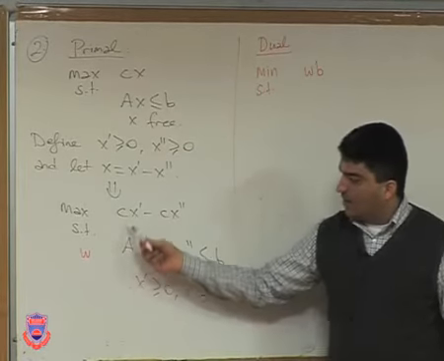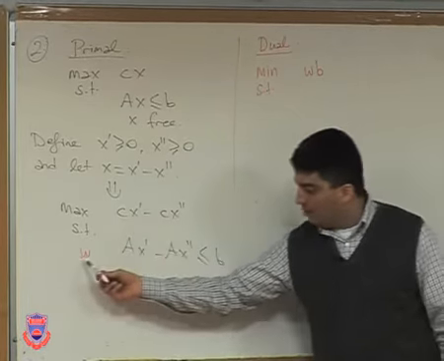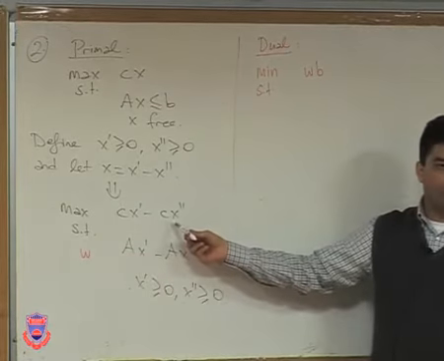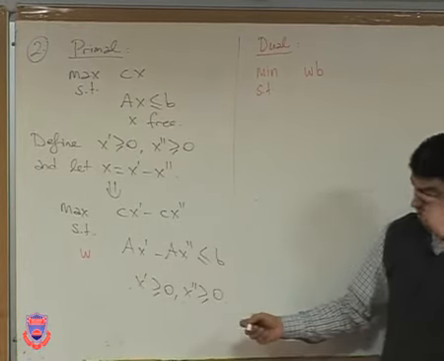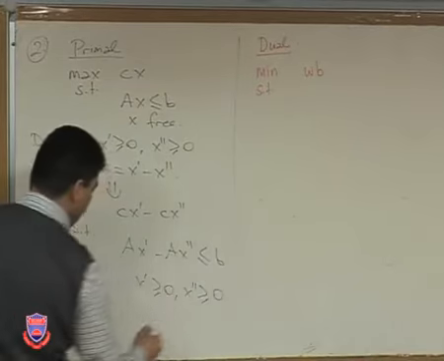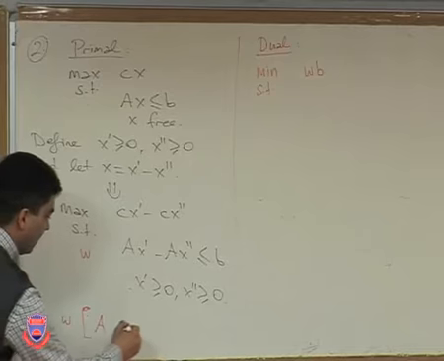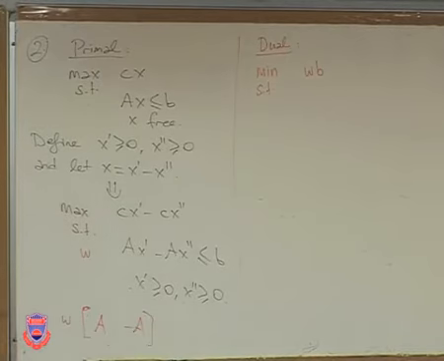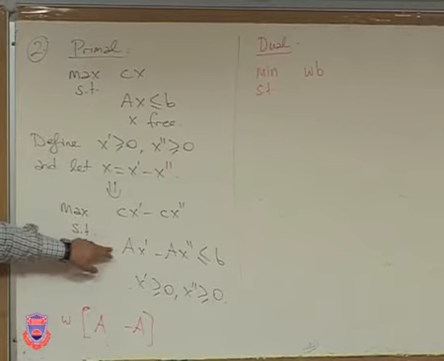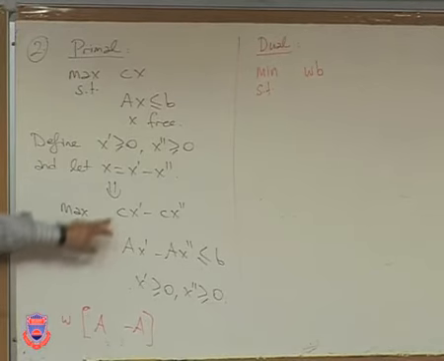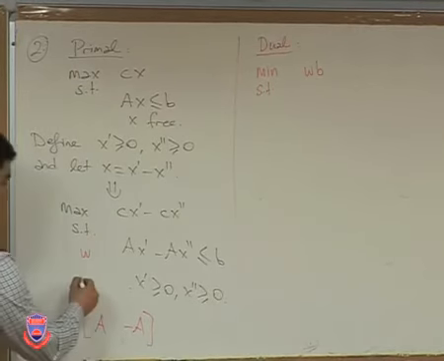WA is greater than or equal to C, and W times minus A is greater than or equal to minus C. So in other words, in this case, your A matrix looks like the following. I have my W, and my A matrix will be given by A followed by minus A. So this is my new A matrix, and my new C vector is given by C and minus C.